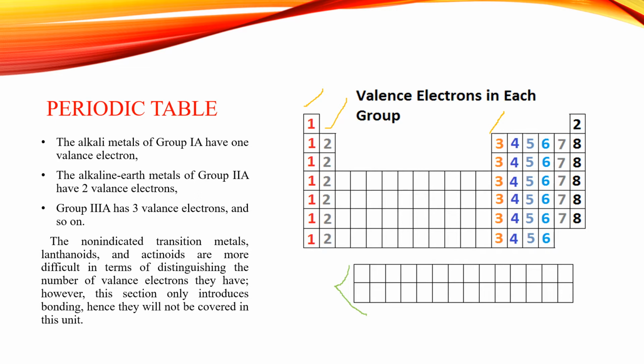However, this region only introduces bonding, hence they will not be covered in this unit. એટલે કે આપણે આમાં લેન્થેનાઇડ એક્ટિનાઇડ વિશે કશું ભણવાનું નથી. તમારે લેન્થેનાઇડ એક્ટિનાઇડ સિવાયનું જોવાનું છે. Understand? So this is the valence electrons of each group.